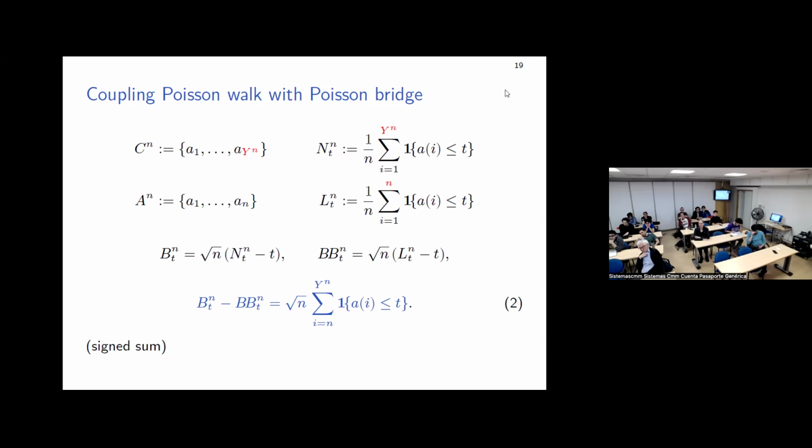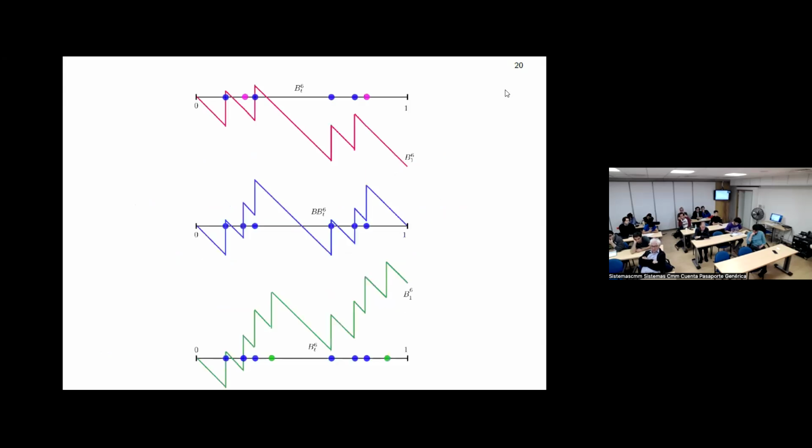So here are the empirical measure of Poisson, the empirical measure of Bernoulli, and the difference between the Poisson walk and the Bernoulli walk is exactly the square root of n times the number of AIs at time t that are between n and square root of 3. So you have this coupling.